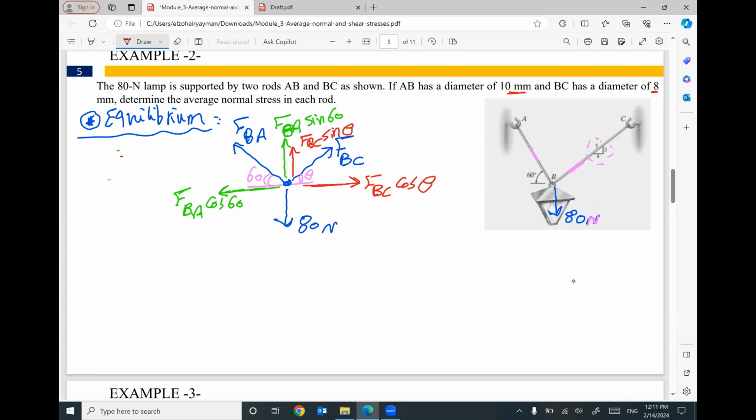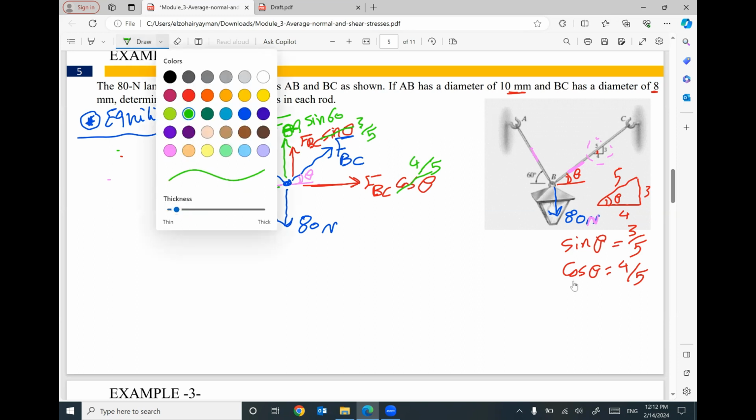Keep in mind, this angle theta will equal this angle theta inside the right angle triangle. So this right angle triangle, which is 3, 4, 5, this is your angle theta. So I can say sine theta equals 3/5, cosine theta equals 4/5. So I can remove this cosine and put 4/5, and remove this sine and put 3/5.